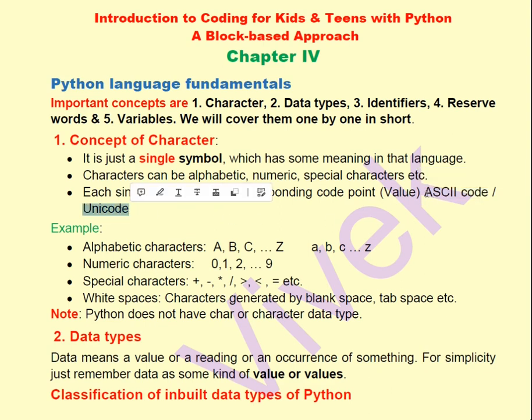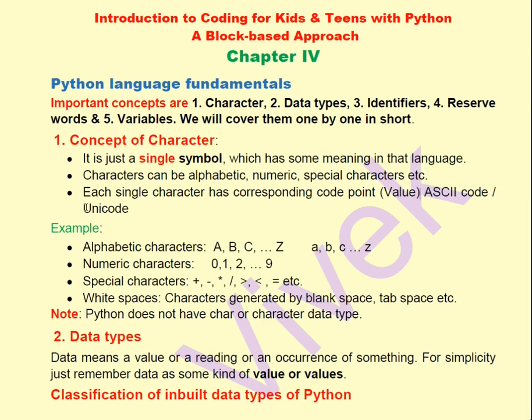Earlier ASCII codes were used and now we are using Unicode so that we can code a larger number of characters in different languages. ASCII stands for American Standard Code for Information Interchange.